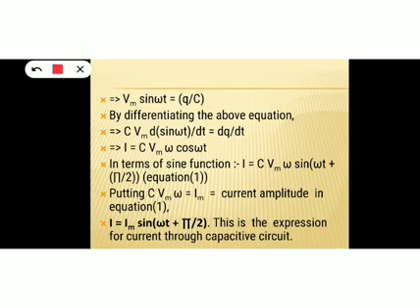Then differentiate the above equation. When you differentiate sin omega t, you will get cos omega t. So here you will get Vm cos omega t into omega, applying the chain rule, equal to 1 by C into dq by dt.